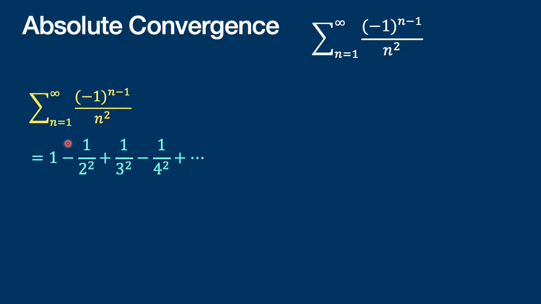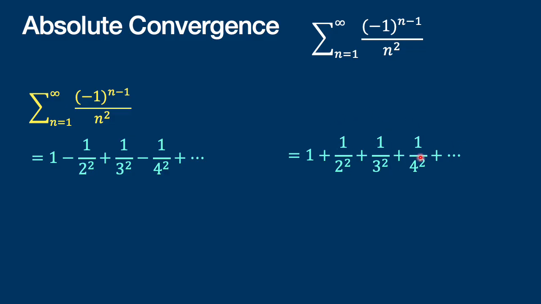So I'm going to drop the negative sign here, which means we're making this alternating series into a series with all positive terms. Then you're going to see 1 plus 1 over 2 squared plus 1 over 3 squared plus 1 over 4 squared.